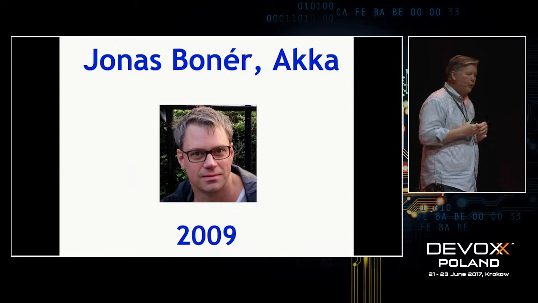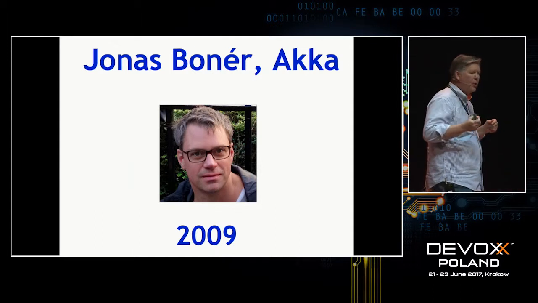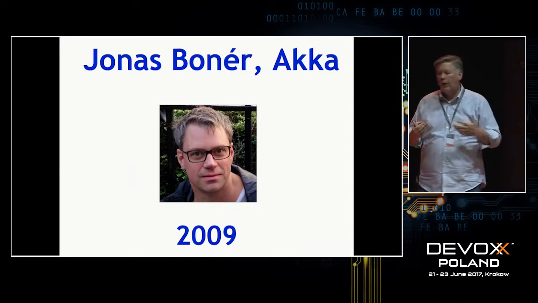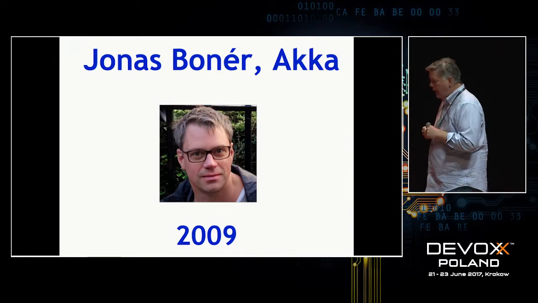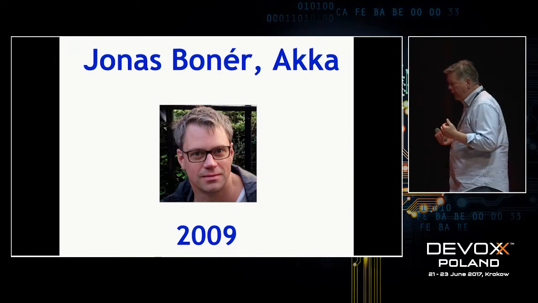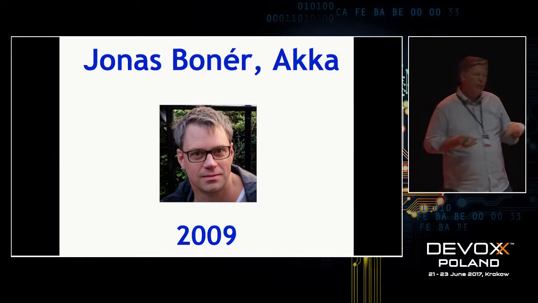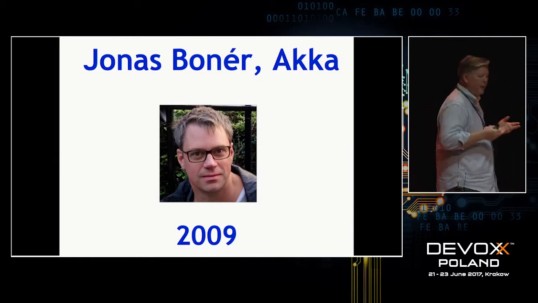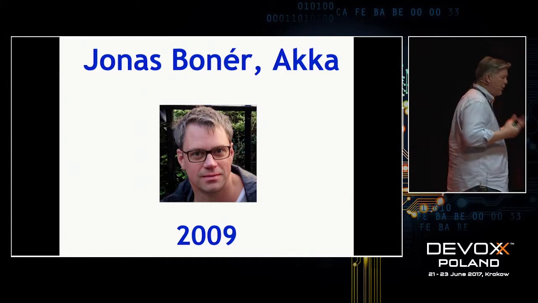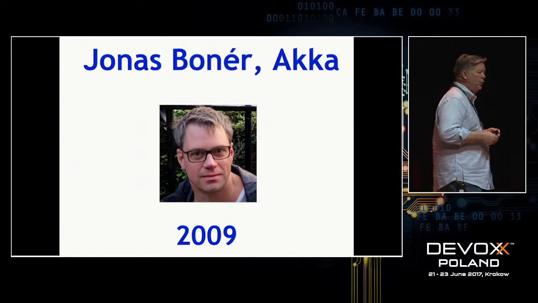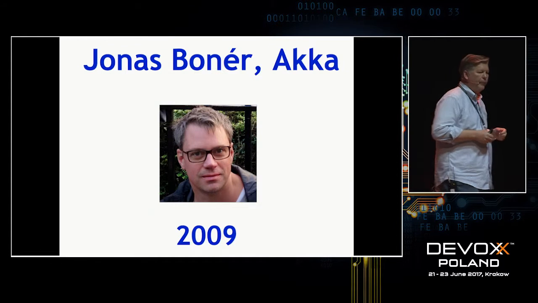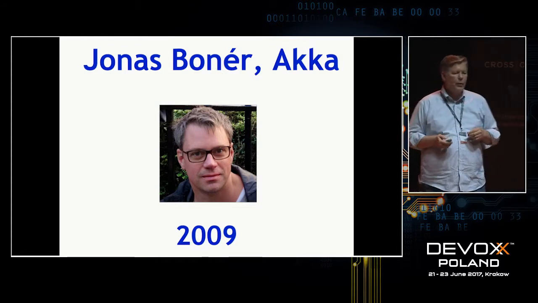And one of the first breakthroughs that we saw in that area was called hyperthreading, and then following that was multi-core. And Jonas Bonér of Akka fame came up with the idea to take the work that was done by Joe Armstrong and Erlang and bring that to the JVM and the Scala programming language.